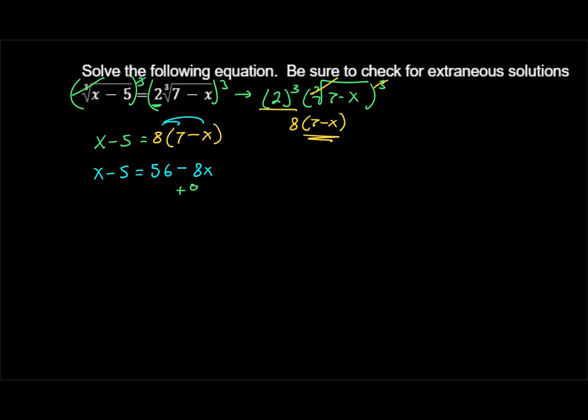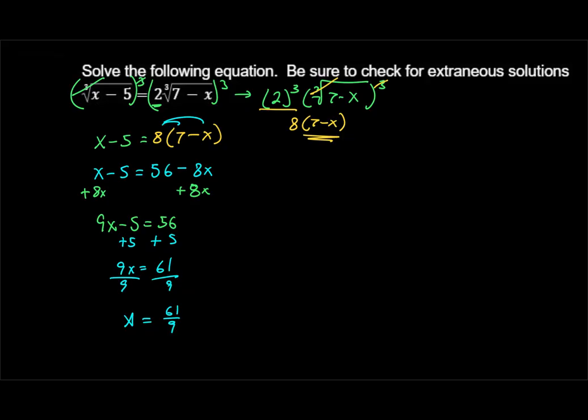I'm going to add 8x to both sides, giving us 9x minus 5 equals 56. Then it's a two-step equation from here, so we're going to add 5, giving us 9x equals 61. And finishing it off by dividing by 9 on both sides. So x will be 61 over 9, which we cannot reduce.